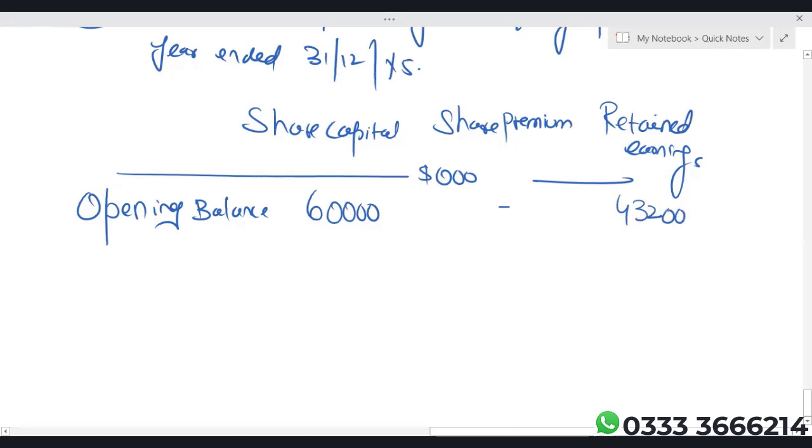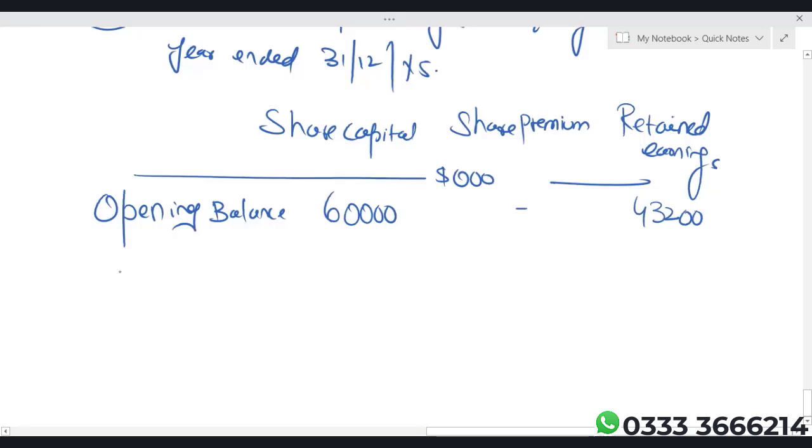Working one, correction of error, prior period error. Retained earning was debited by 700.